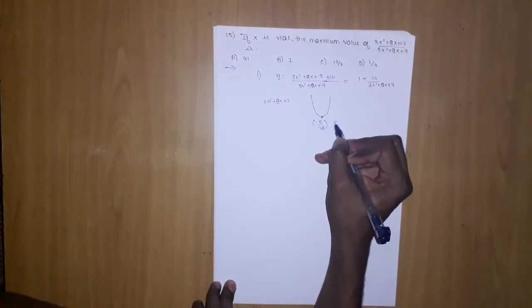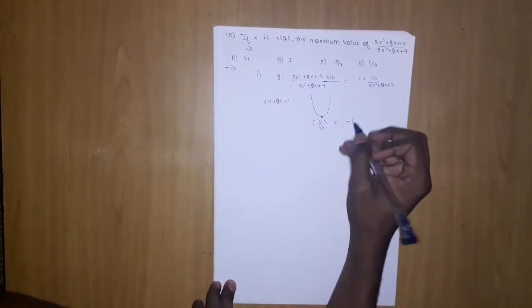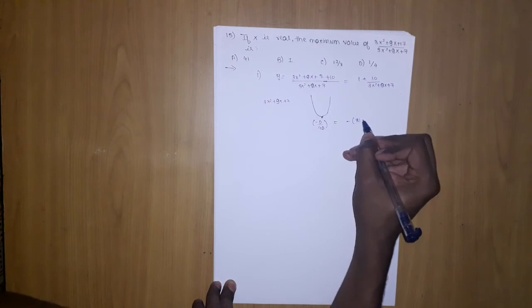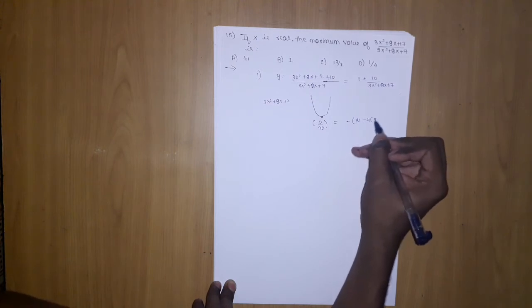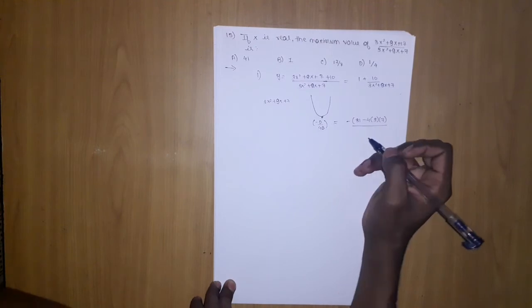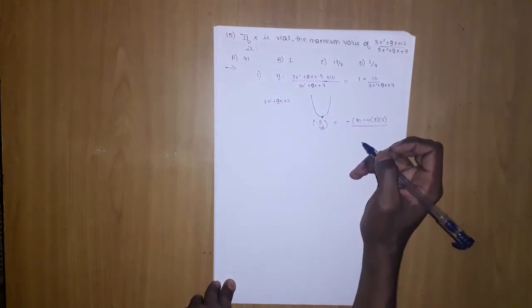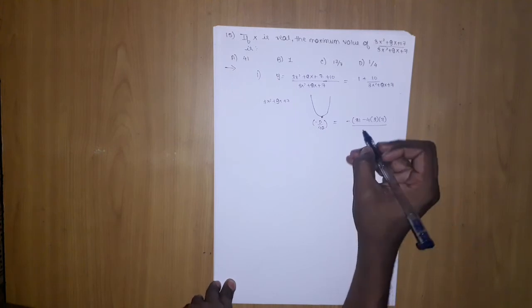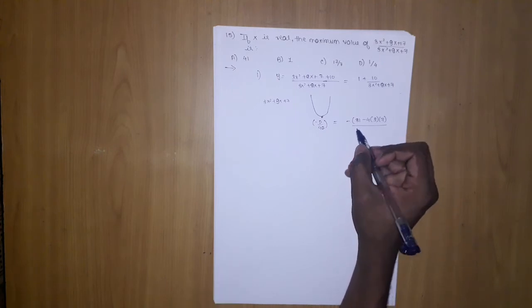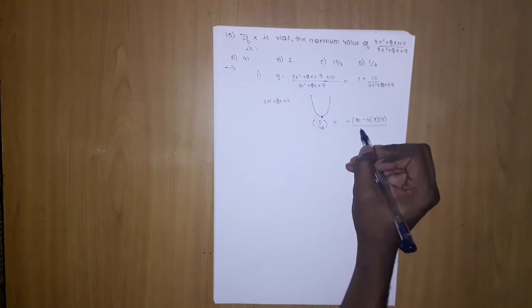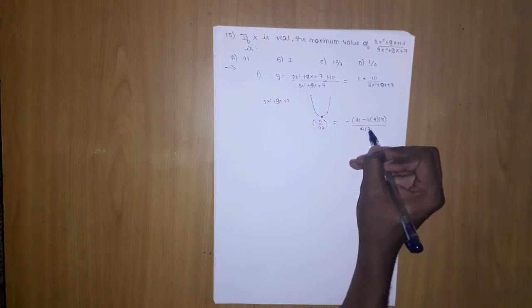So let's calculate minus D by 4a, which will be minus (b squared minus 4ac) upon 4a. That is minus (81 minus 4 into 3 into 7) upon 4 into 3.